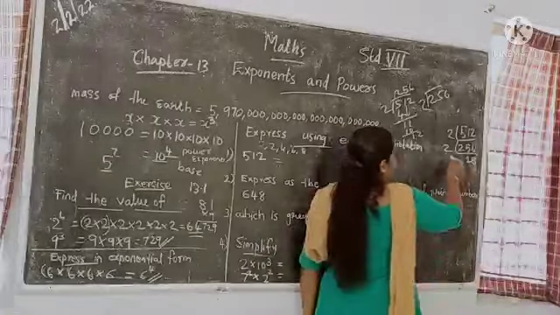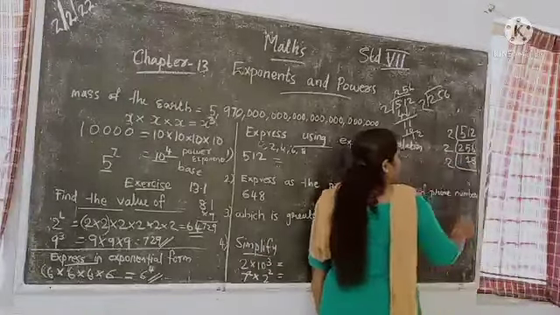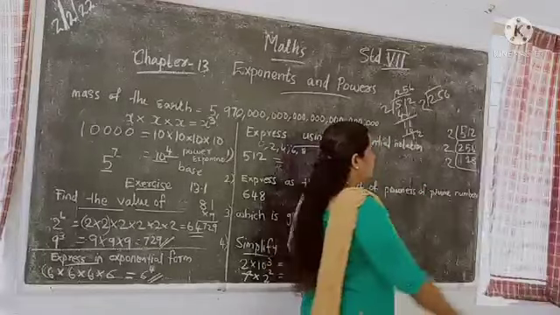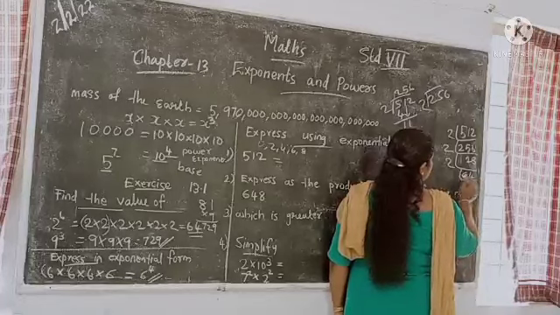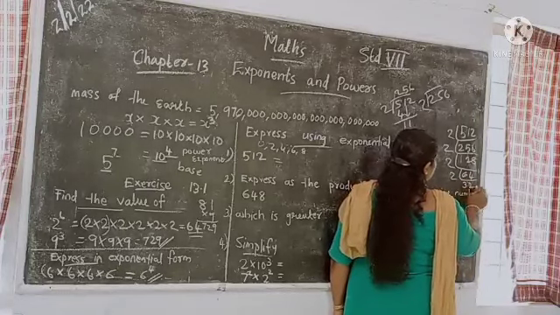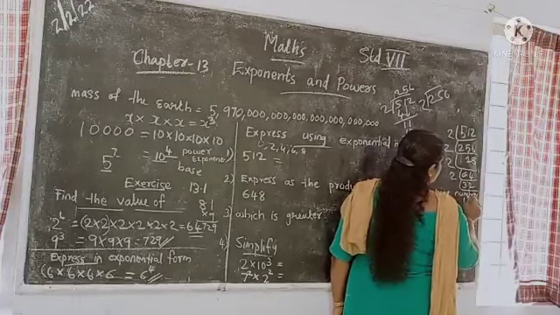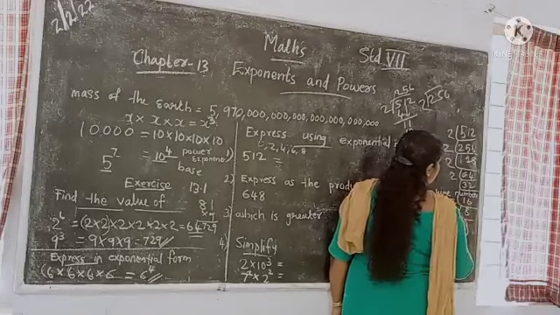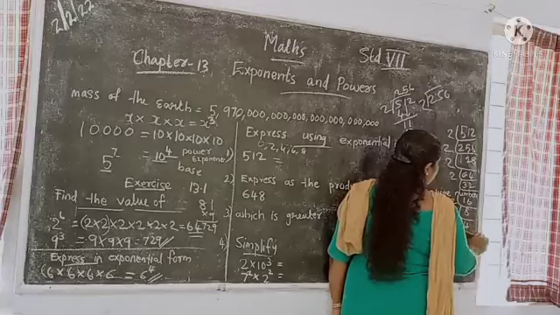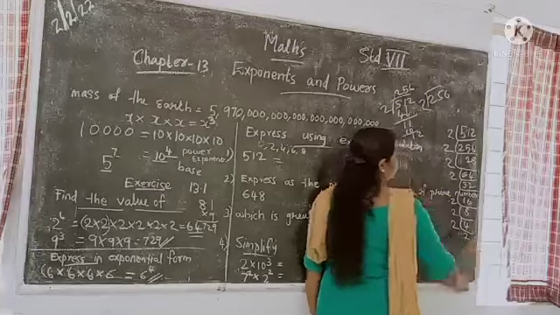Next, we can divide this number by 2 again. 2 into 32 is 16. Again 2, 8. Again 2, 4. Again 2, 2.